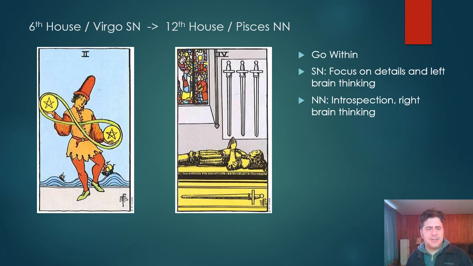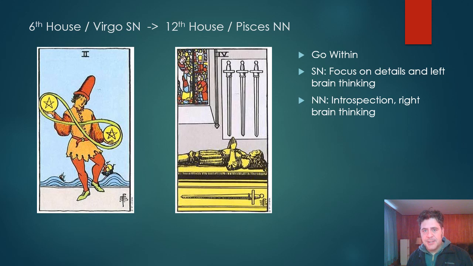So when I say 6th house Virgo south node, it means your south node could either be in the 6th house or it could be in Virgo. It could be Virgo in another house, like Virgo in the 7th house. So you'll look at this particular slide as the south node Virgo, and then when we get to the 7th house south node, that will apply as well, if that makes sense.